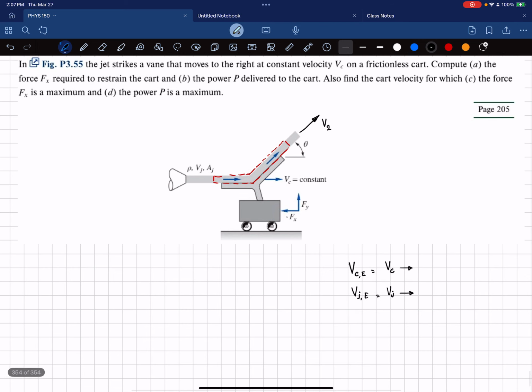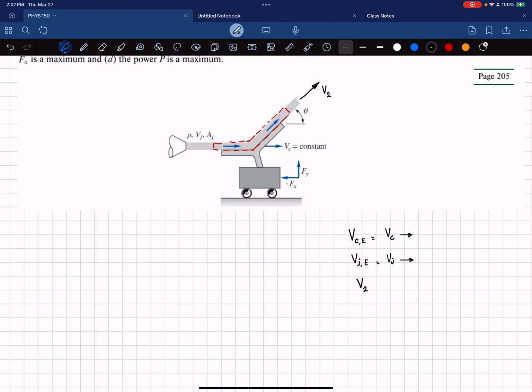So the velocity at 2 with respect to the cart is V2 in the theta direction, because the jet exits the vane at a theta angle with respect to the cart motion, right? If you consider the motion with respect to the Earth, this angle is not theta. It's going to be a different angle, right?